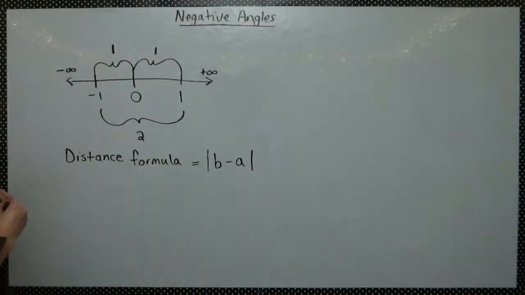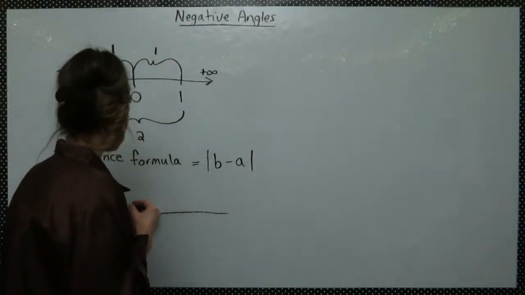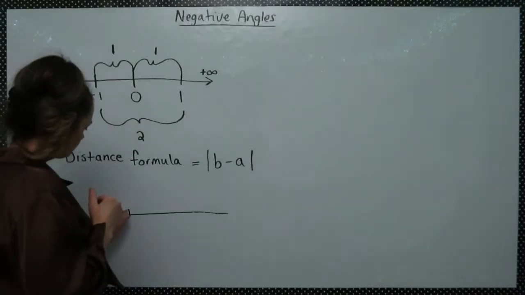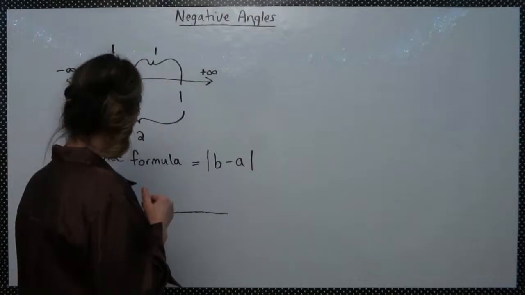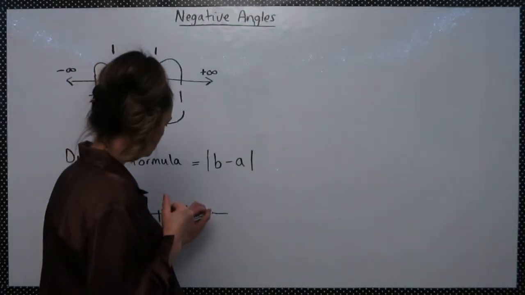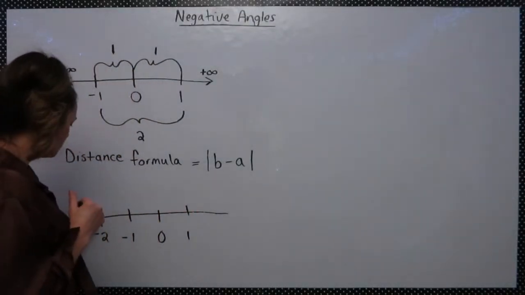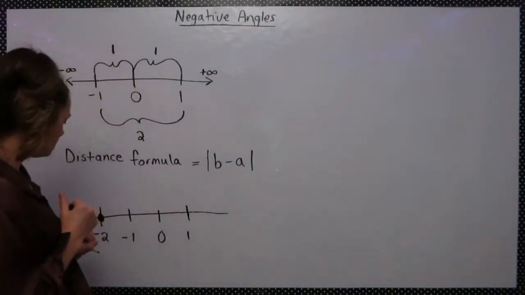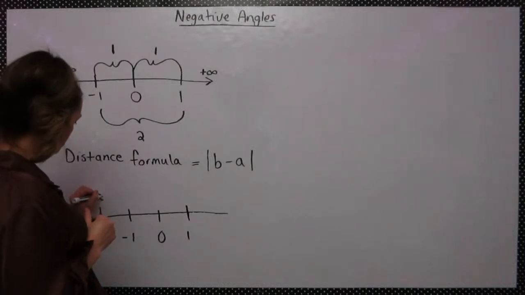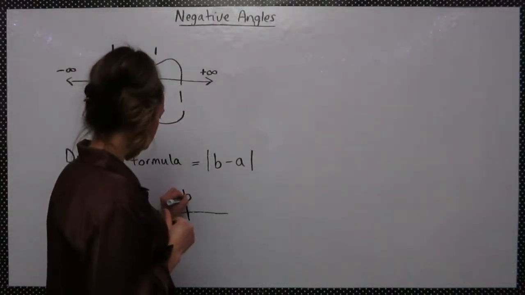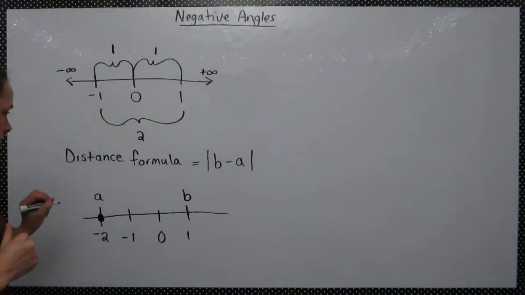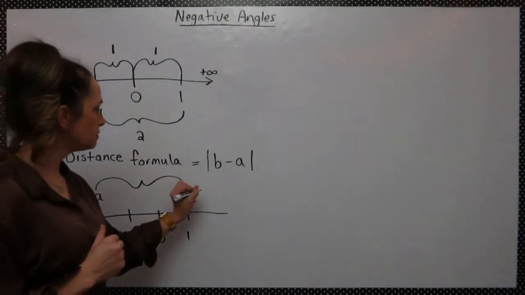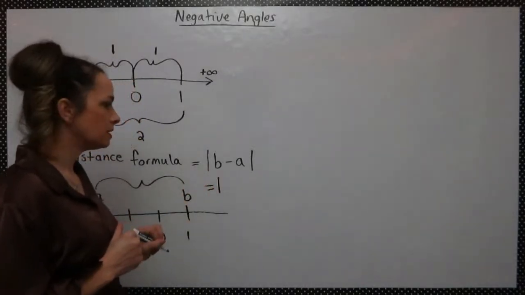And then you draw another portion of the number line here. For example, if I'm at -2, -1, 0, 1, and I'm on -2, and I want to travel to 1, I would call this value A and this value B. And so to determine this entire distance using this formula, I'll plug in my values and evaluate the absolute value.